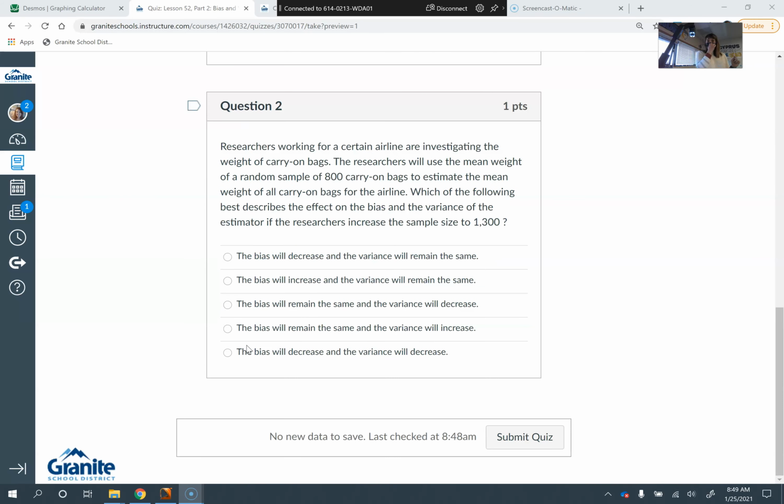This one, all they do is increase sample size. So your bias will remain the same and your variance will decrease. You cannot reduce bias. So bias remains the same because you didn't change whether it was a random sample, you just changed the sample size. Does that make a little bit of sense?